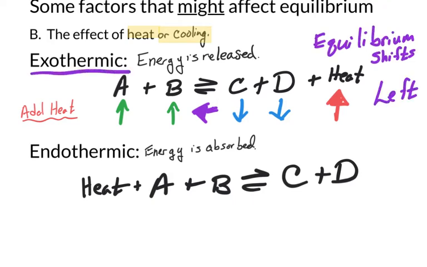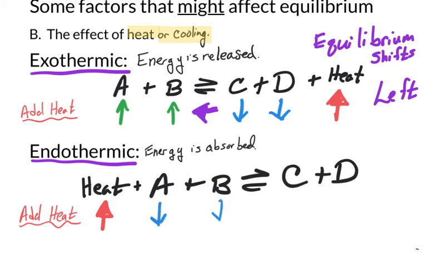And so what happens in an endothermic reaction? In this case, the heat is a reactant to the reaction, and so we're going to see an increase in the heat. By increasing the temperature of the reaction, we'll decrease A and B and increase C and D, meaning that the reaction is producing more product and has shifted to the right.